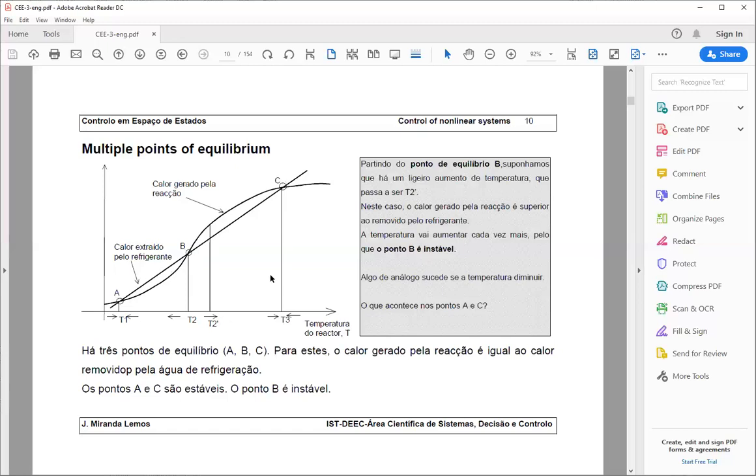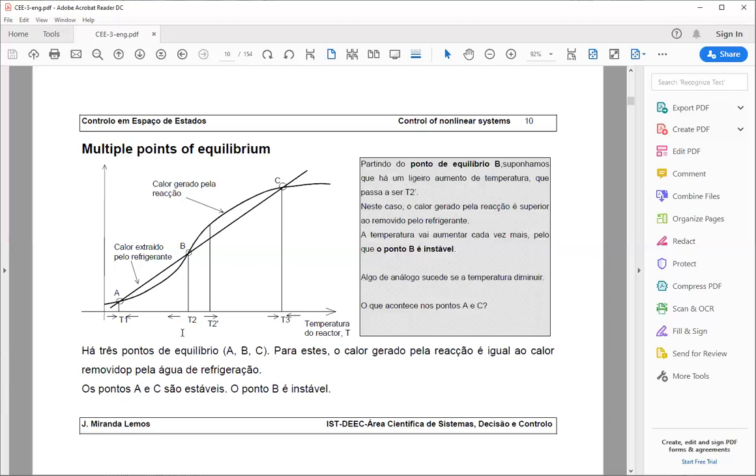This is something that is impossible to happen in linear systems. Later we will see it with care, but in linear systems, either you have the origin as the only isolated equilibrium point, or you might have a continuum of equilibrium points, not isolated, not several isolated equilibrium points.